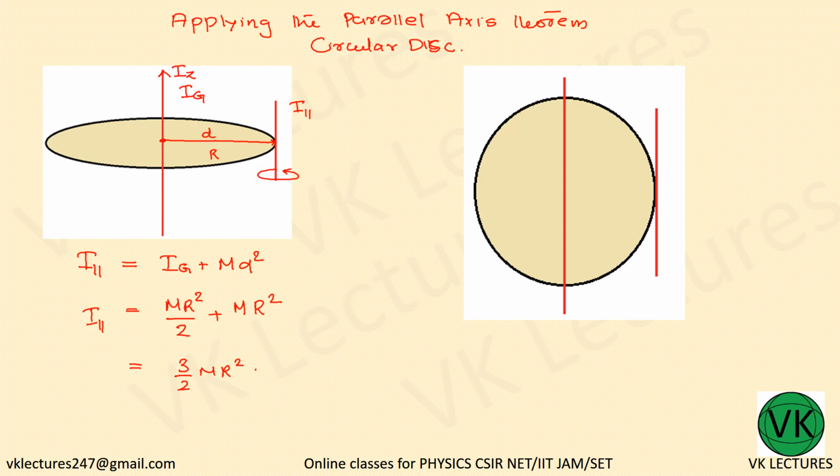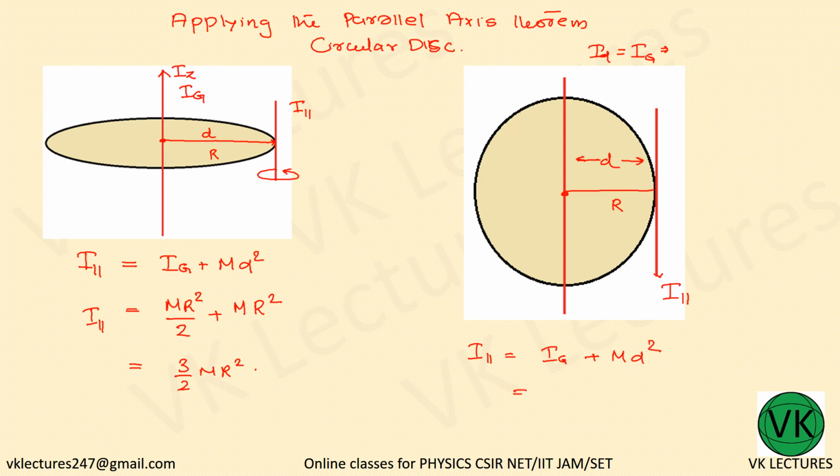Now this is for the axis along the diameter, and this is also equal to IG for the parallel axis. So now this is the parallel axis, and at a distance R according to the parallel axis theorem, this is d. Now I parallel is equal to IG plus m d squared.